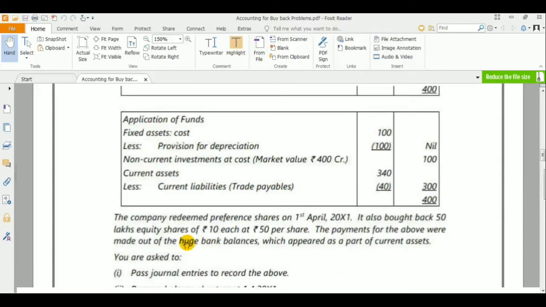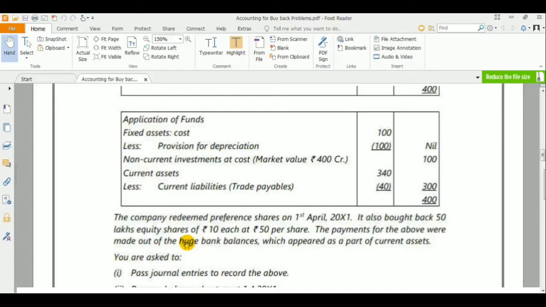The company has redeemed preference shares on 1st of April 2000. It also bought back 50 lakh equity shares of rupees 10 each at 50 per share.